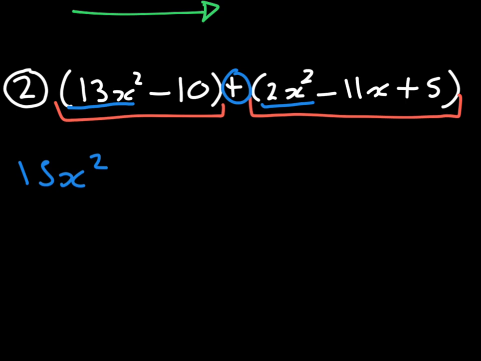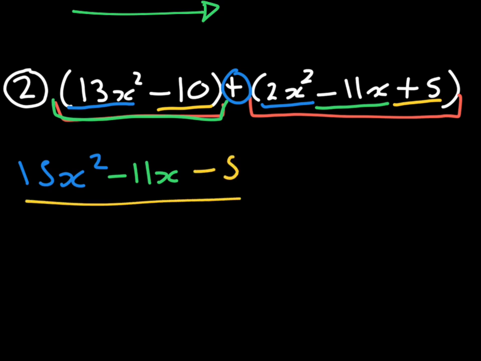There are no x's in this set of parentheses, but we have a minus 11x in this one. So we keep it. And lastly, we're going to have a look at our constants. We've got minus 10 in the first set and 5 in the second. So minus 10 plus positive 5 gives us minus 5. And that is the answer for question number 2.